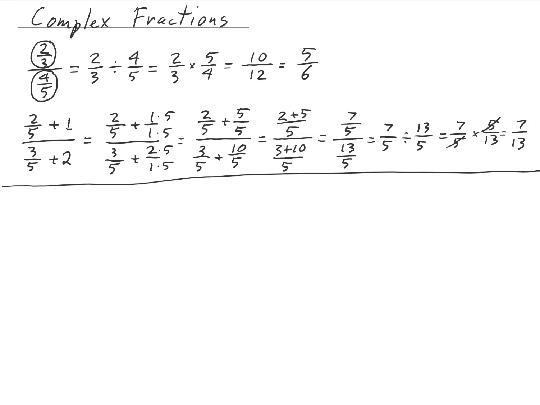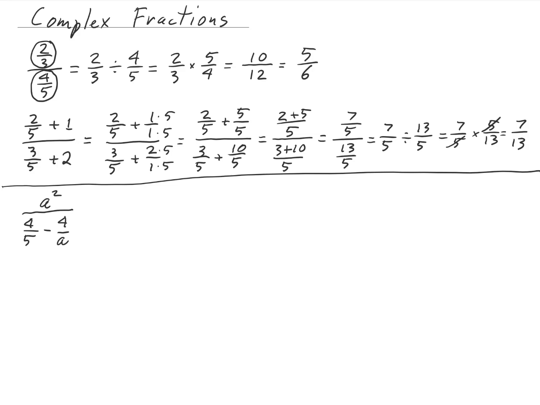Let's do another example. Here's a complex fraction. A squared over 4 over 5 minus 4 over a. Now we got a couple problems here. The top is an a squared. We need to change that into a fraction.